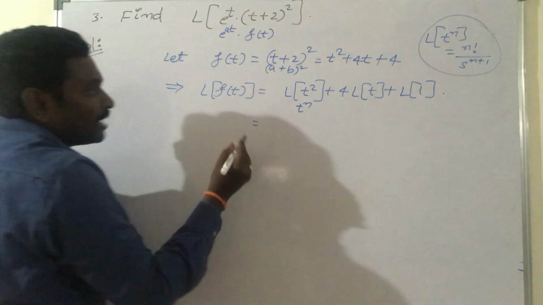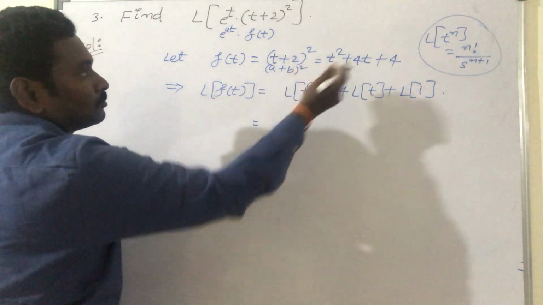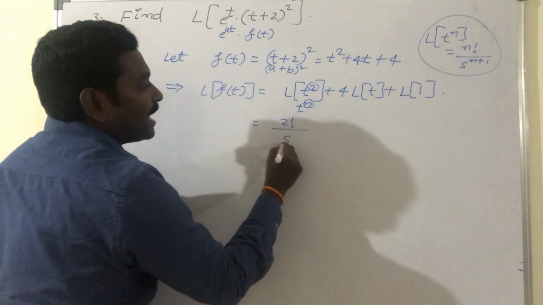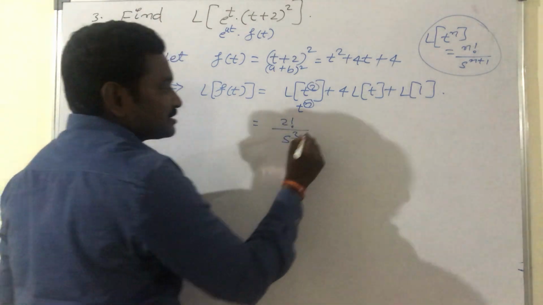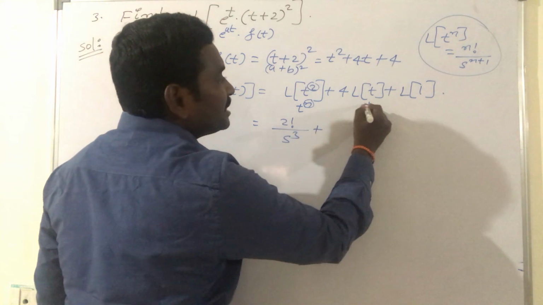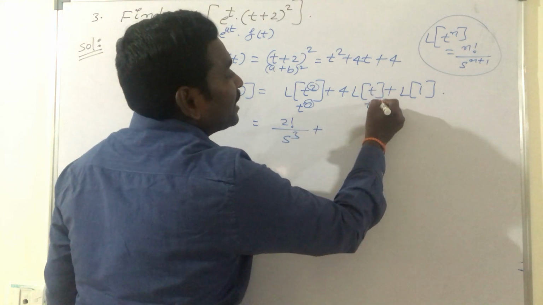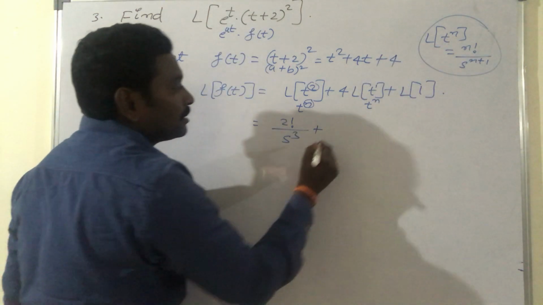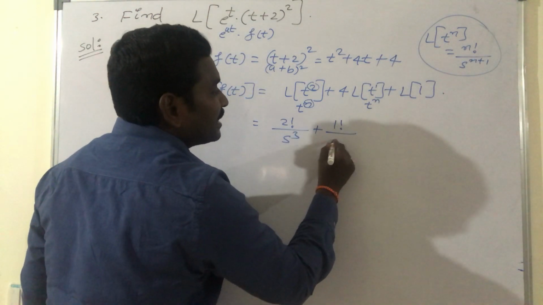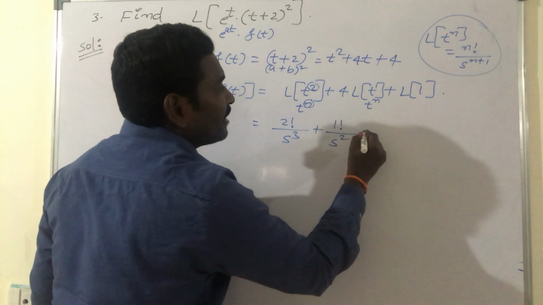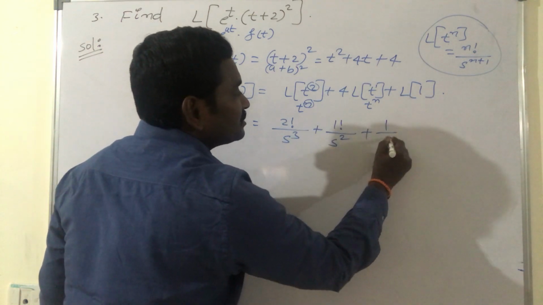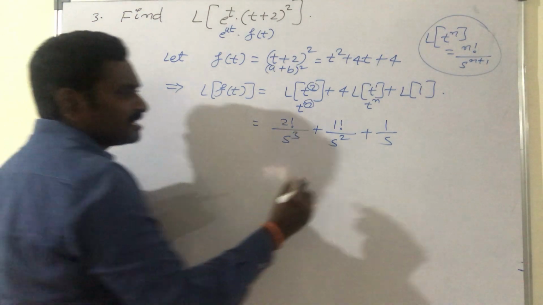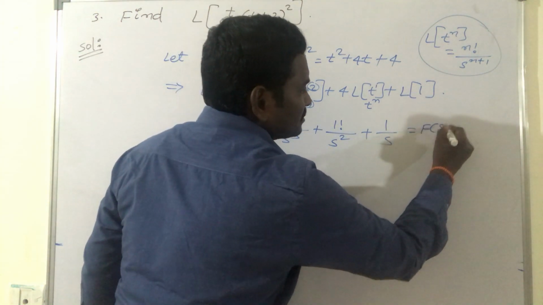By using this formula, we have n is equal to 2. Replace n is equal to 2 in that formula. So you will get 2 factorial by s cube plus 4 into, here also t is in the form of t power n, but n is equal to 1 here. So replace n is equal to 1 in this formula. You will get 1 factorial by s power 1 plus 1, which is s square. And L of 1 is a direct relation, which is 1 by s. Okay. Don't take the LCM, it is not necessary. You can put F of s.